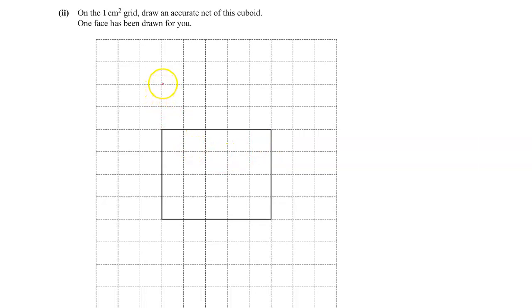You can draw another side here for the cuboid. Draw this side right here. We just draw, and then we see whether it will total up to 40.